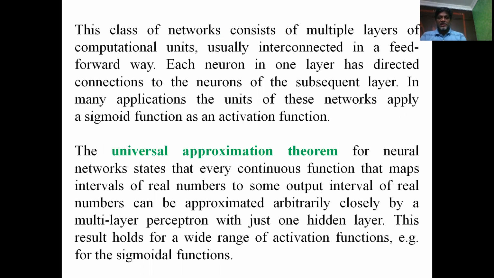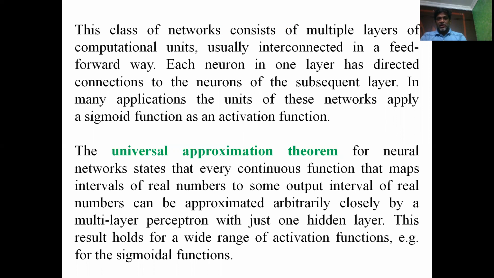Let us understand the important points about this multi-layer feed forward neural network now. The class of multi-layer feed-forward neural network consists of multiple layers of computational units, as we saw in the previous diagram. Each neuron in one layer has directed connections to the neurons of the subsequent layer, that is always from layer i to layer i plus 1 only.